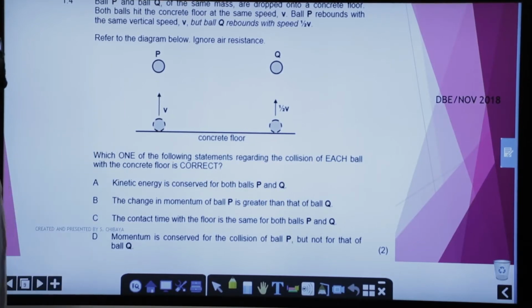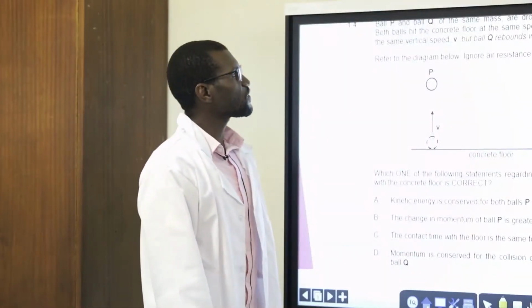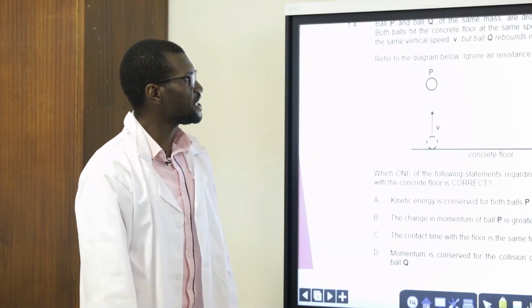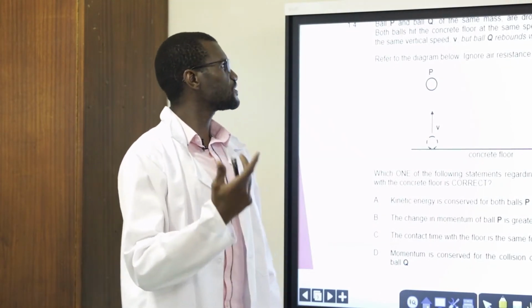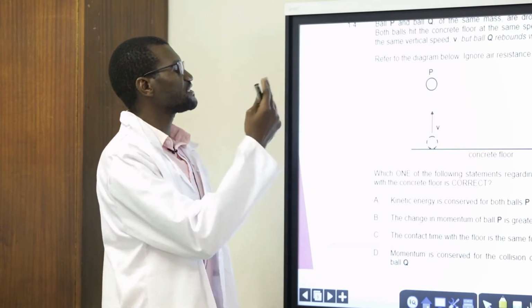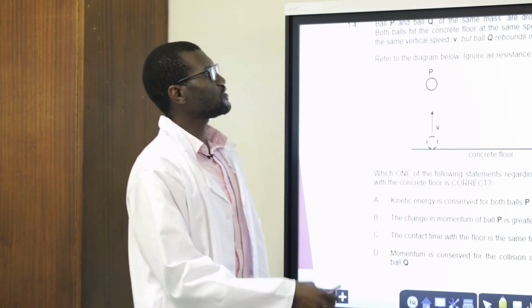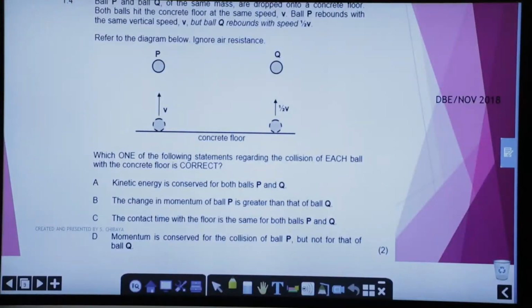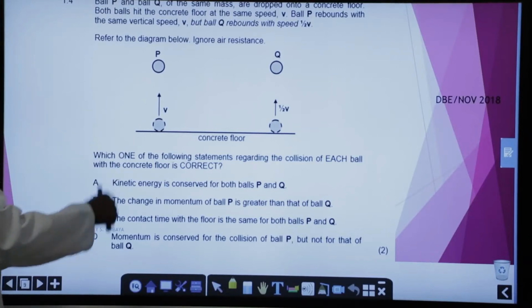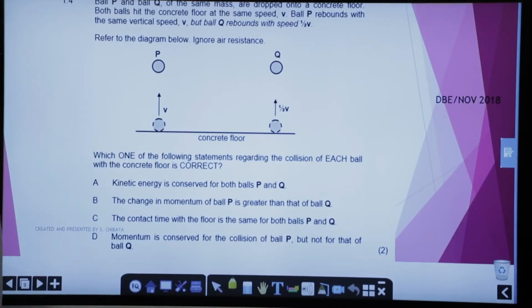Balls P and Q of the same mass are dropped onto a concrete floor. Both balls hit the concrete floor at the same speed, v. Ball P rebounds with the same vertical velocity, v, but ball Q rebounds with a speed that is half v. Refer to the diagram while ignoring the air resistance.